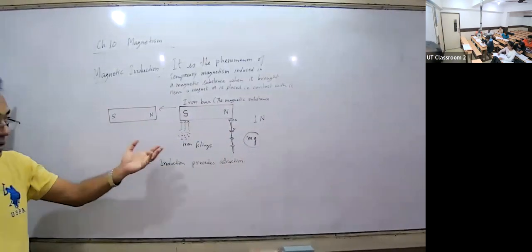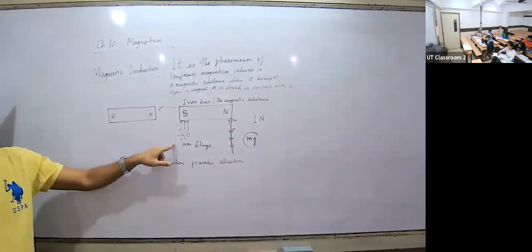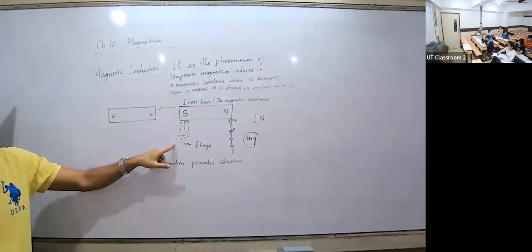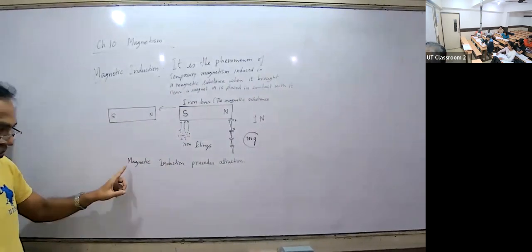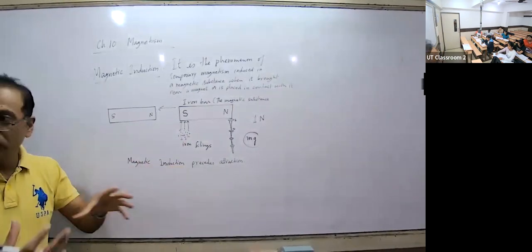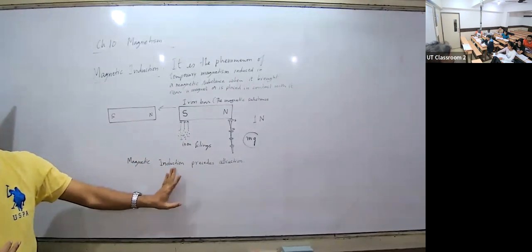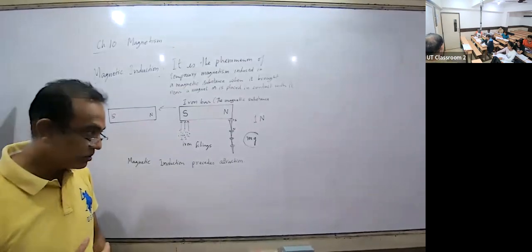Why does a magnet attract a magnetic substance? Because it makes them magnets of opposite polarity. इसलिए वो attract करता है. Got it? So magnetic induction पहले होगा, फिर attraction होगा, हमेशा. This is how it works. समझ आ गया सबको?